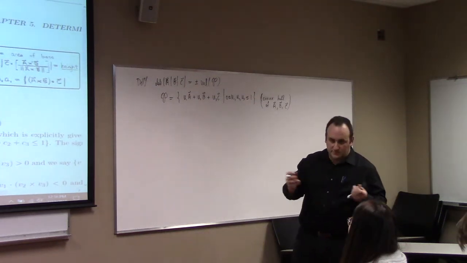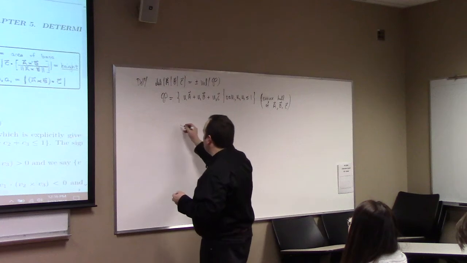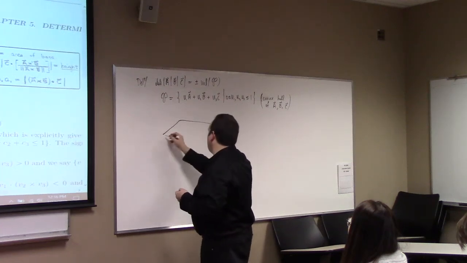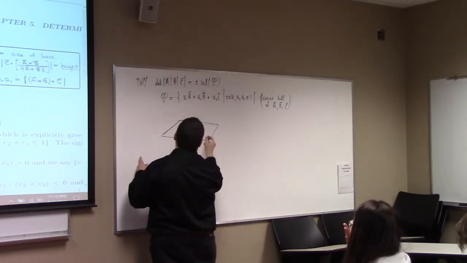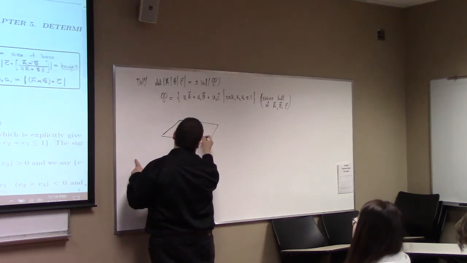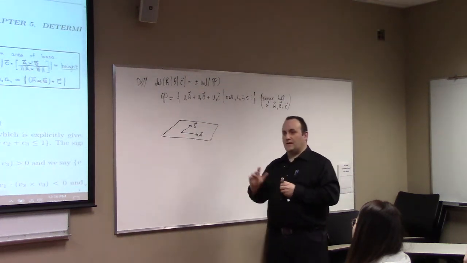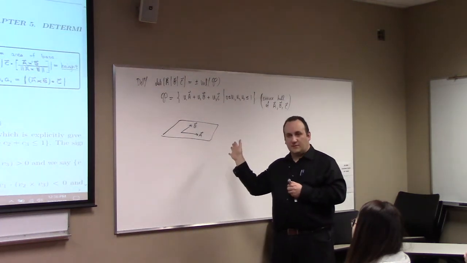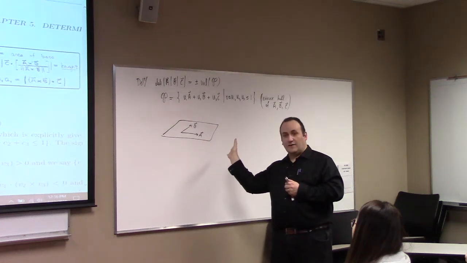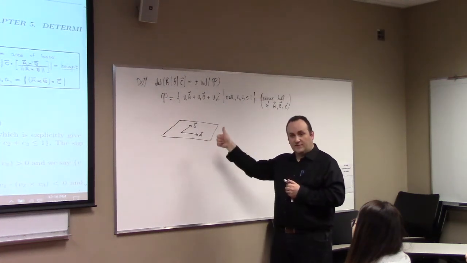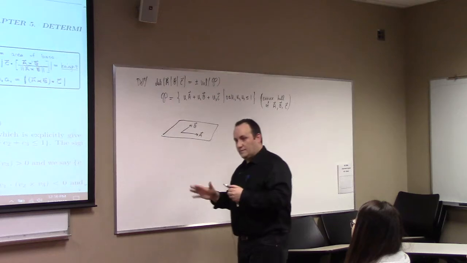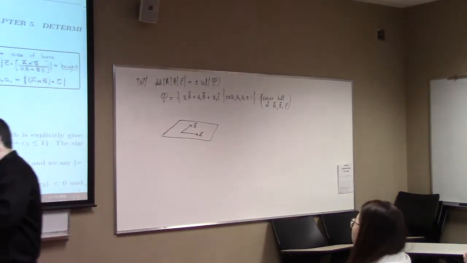Now, let me just tell you what the plus or minus means. So if we have this vector, if A looks like this, and B looks like this, all right, then the cross product of A and B we learn in Calculus 3. We use right-hand rule A cross B. So like the cross product of A and B is where? Using the right-hand rule. In my picture, A cross B would be what?